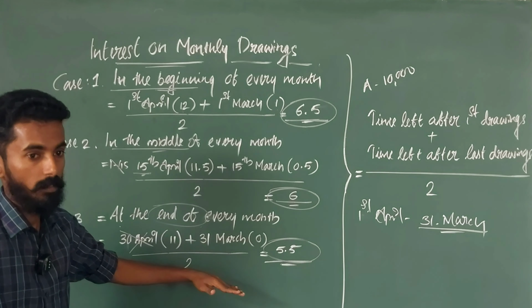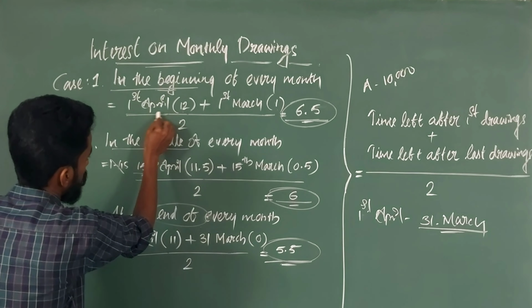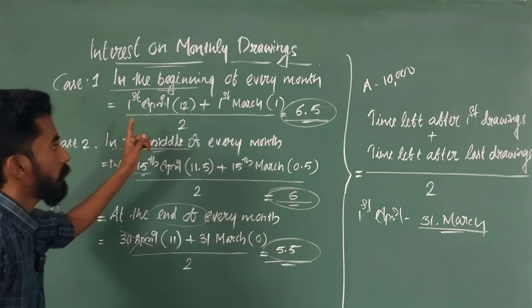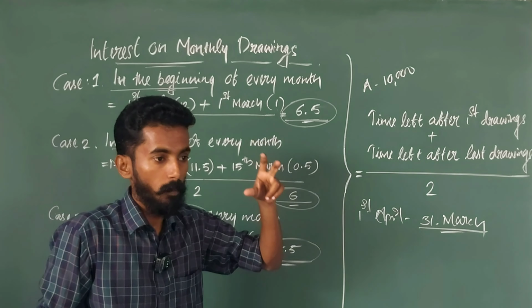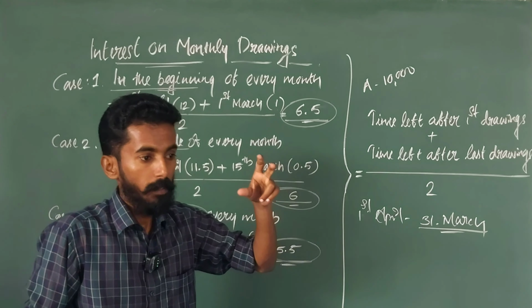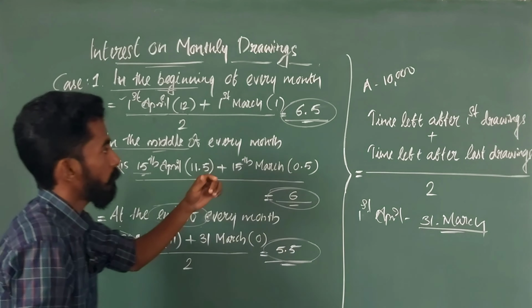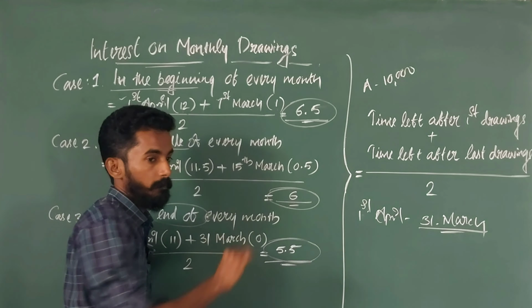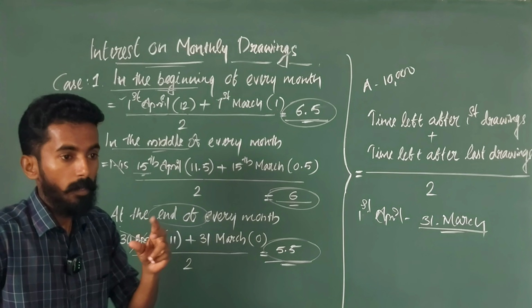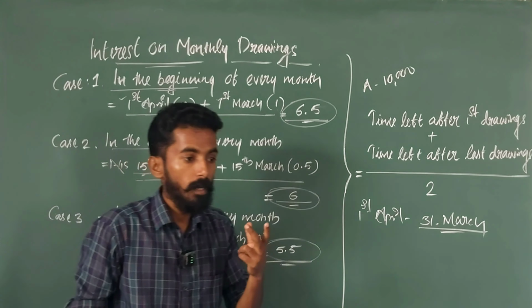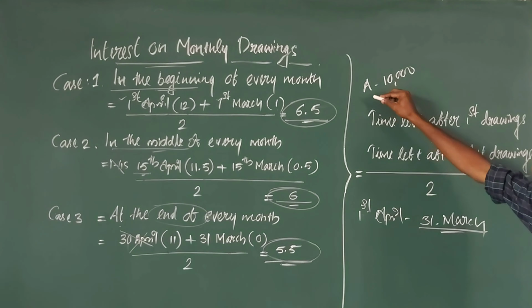Okay, today itself prepare short notes. At that time, please mention this time period separately. It is not there in your textbook. Like in the beginning of every month, when was his first withdrawal and when was his last withdrawal? Clear? And what is the formula for calculating the average period?